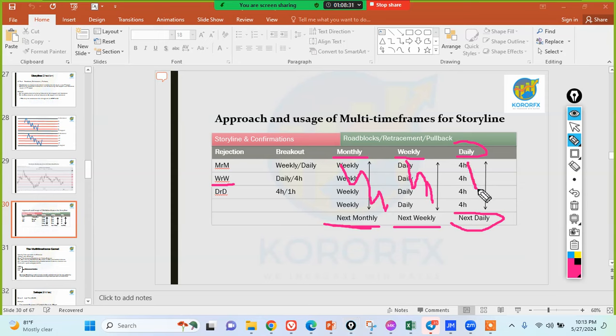So that will be the 4 hour support and resistance until price pushes down and reaches the next level. So the end of the storyline is the same as how it starts. If the storyline starts with a rejection until the next level rejects, the storyline will continue. That's all.